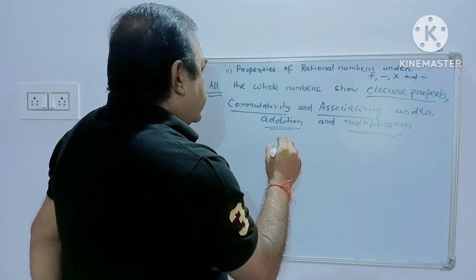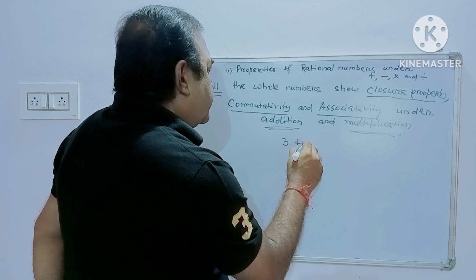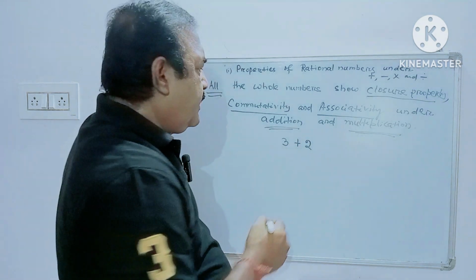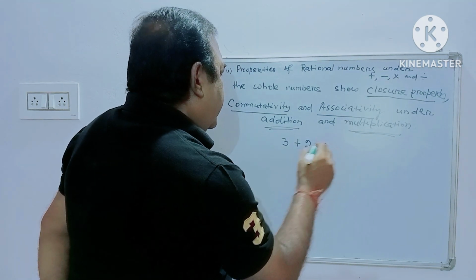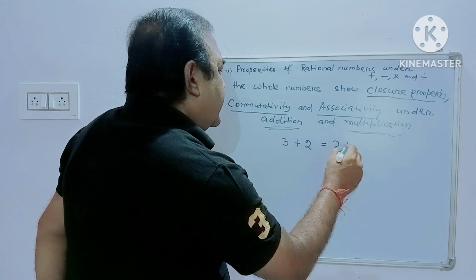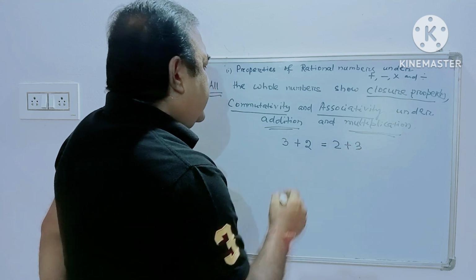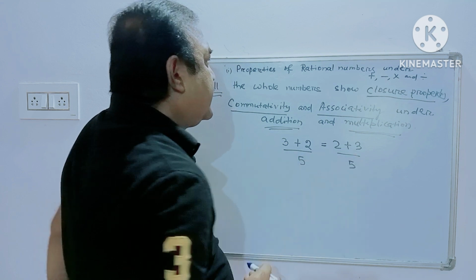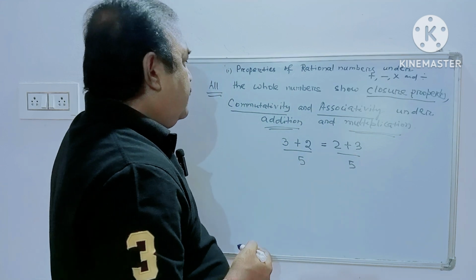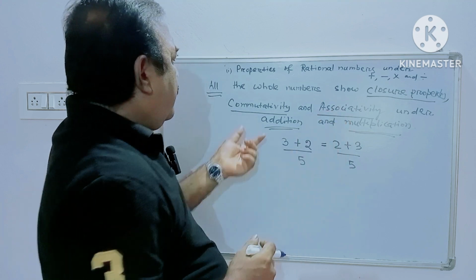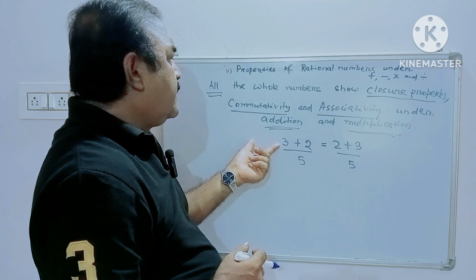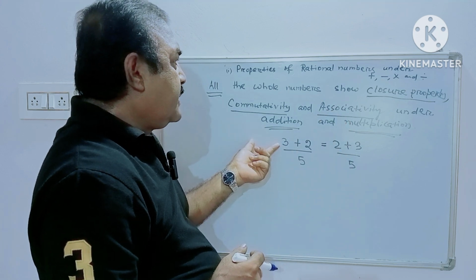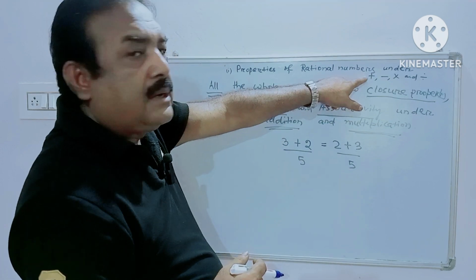For addition, 3 plus 2 is equal to 5. If I change the order and bring 2 to the first position, then 3, in both cases it is 5. There is no change.